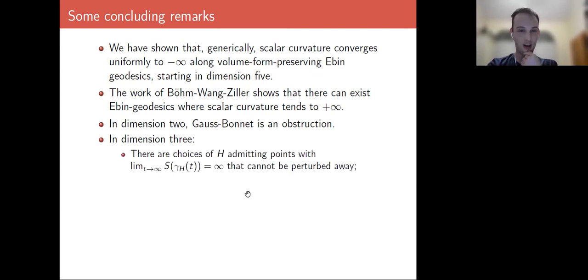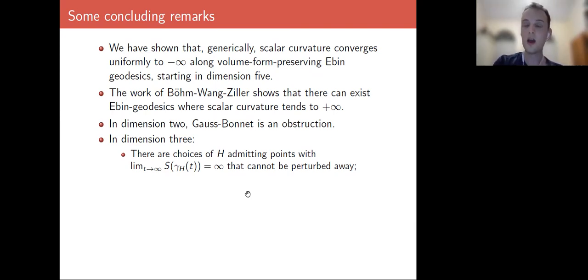In dimension 3, what we can show is that it's actually possible to construct metrics for which you cannot perturb away a convergence of your scalar curvature to plus infinity. So there are metrics so that no matter how close you are to that metric, there's going to be at least one point where the scalar curvature goes to plus infinity.